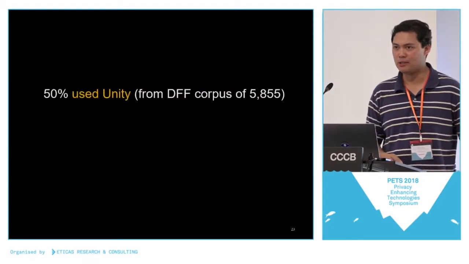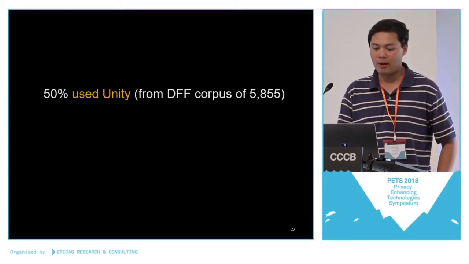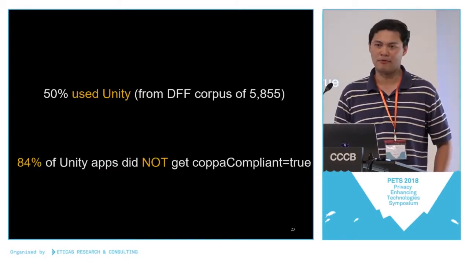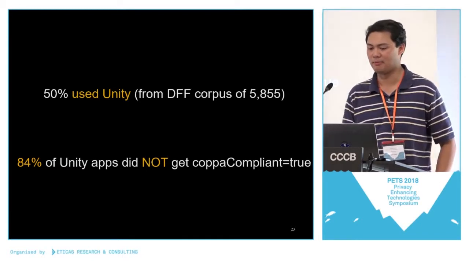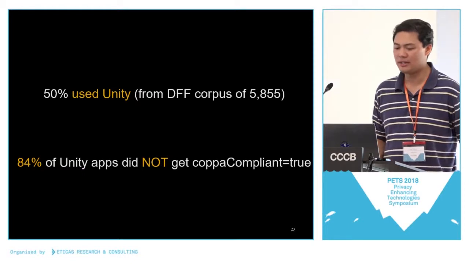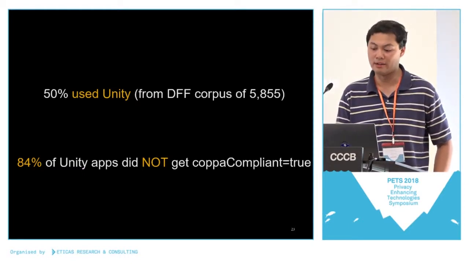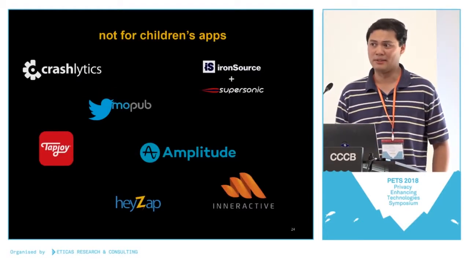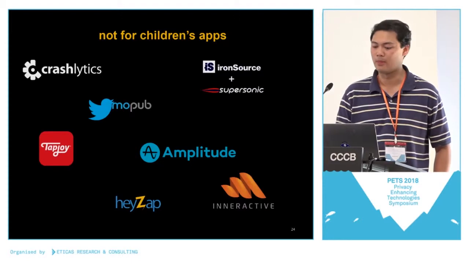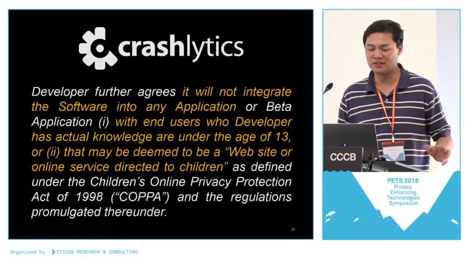Half of our corpus used the Unity game engine. However, when we examined the network traffic, we found that this option wasn't being set most of the time, which suggests that a lot of these apps are potentially operating in a non-compliant mode. Other third-party SDKs don't even offer that option. Instead, what they tell developers is, don't use us in kids' apps at all.